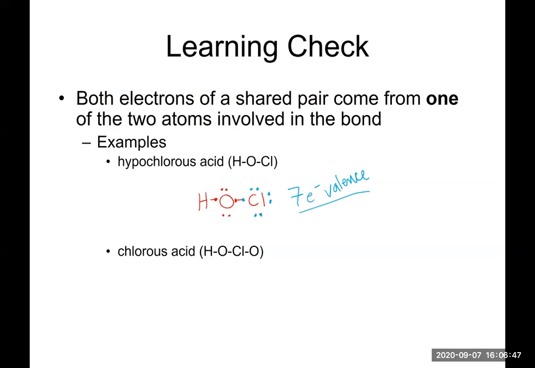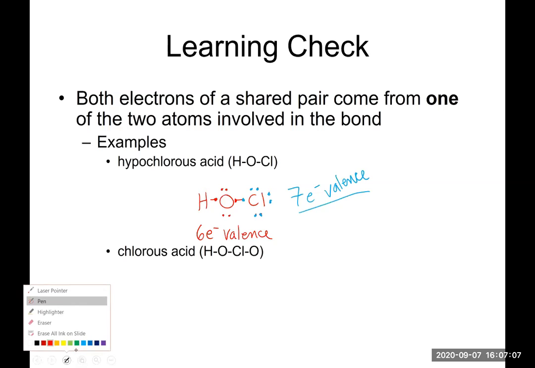So that makes perfect sense. The oxygen has how many? 6 electrons that the oxygen is donating. And that makes perfect sense because oxygen has a valence of 6 electrons. Hydrogen is donating 1. And that makes sense because hydrogen has a valence of 1.